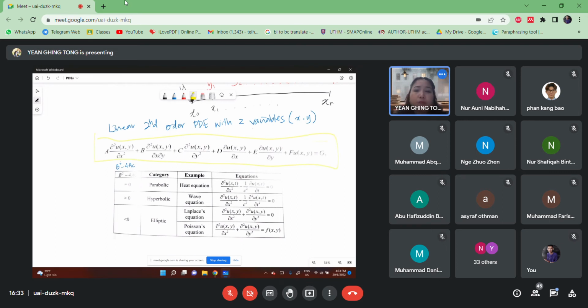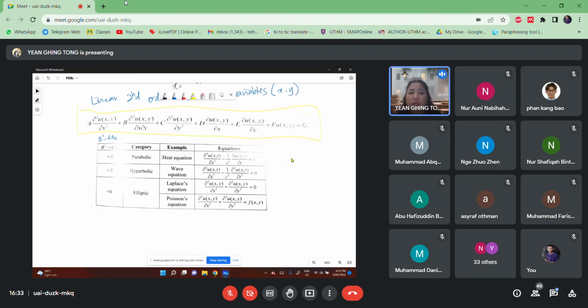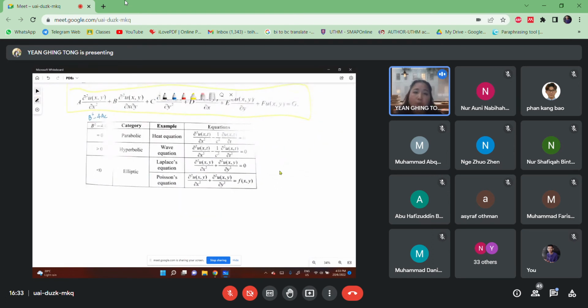Okay. So I give you an example. Later on we will look at these equations. Let's say we have a rod that we have to heat.